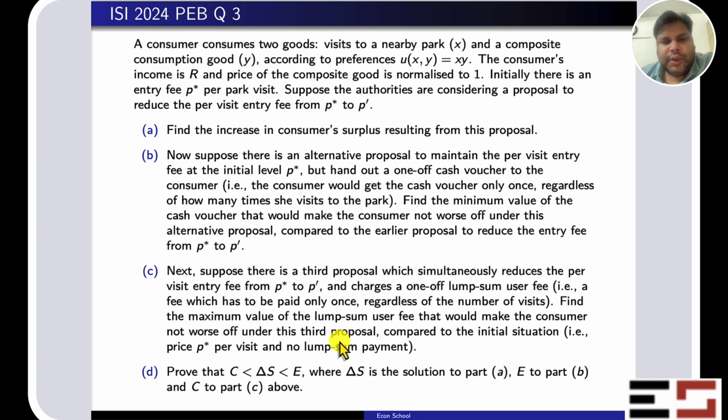We'll have to compare these three amounts. So let's do this one by one.